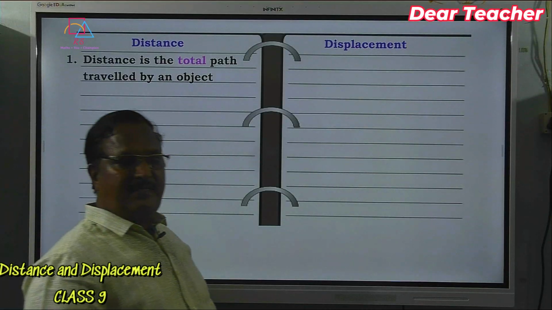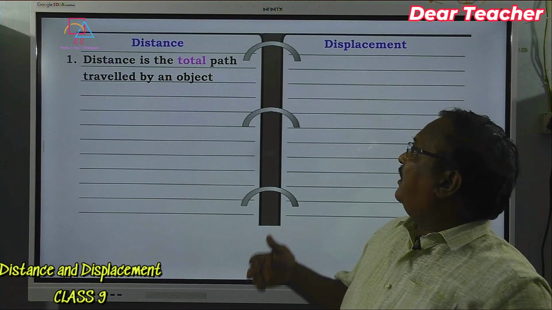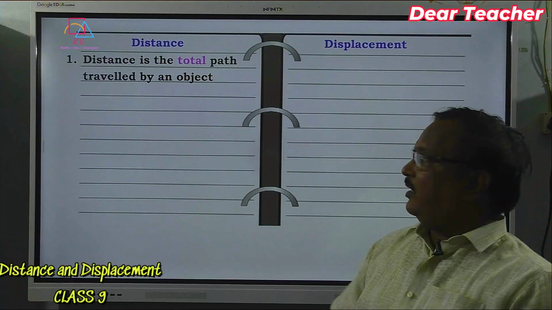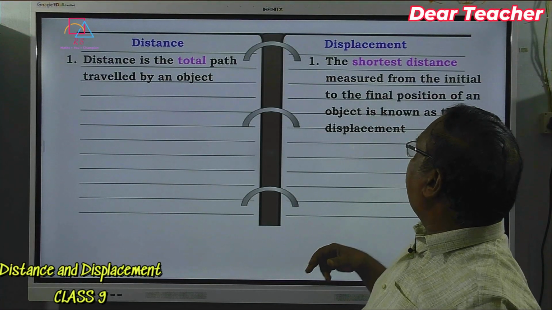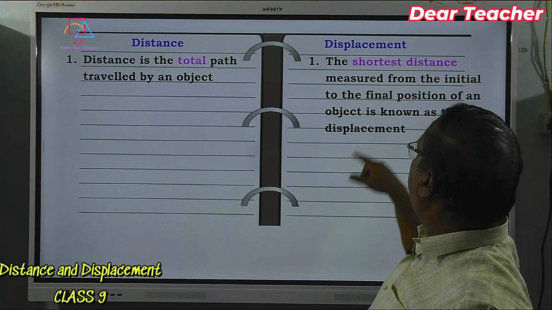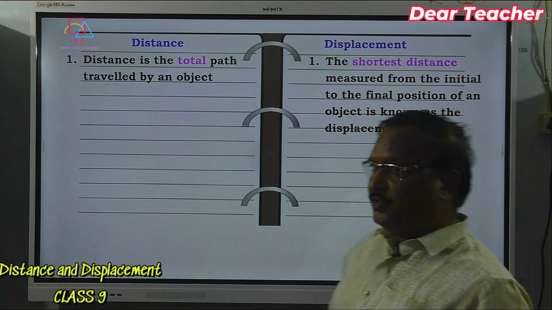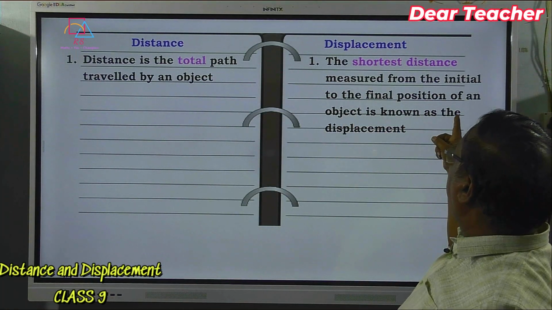Distance is the total path traveled by an object, whereas displacement is the shortest distance measured from the initial point to the final point of an object.